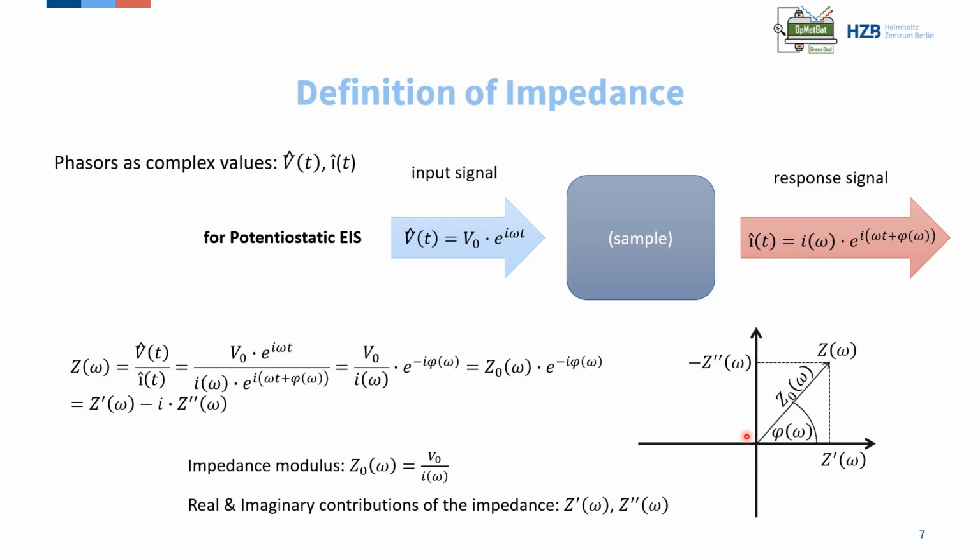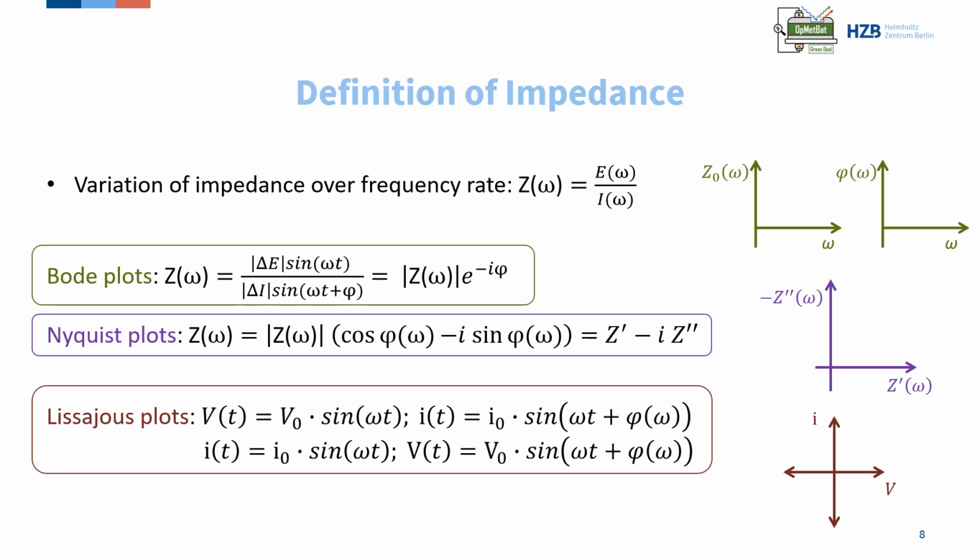Here is a comparison of the relations between real and imaginary contributions and modulus or phase shift. Here is a summary of the general equations to interpret impedance, and their visualization provides different plots.